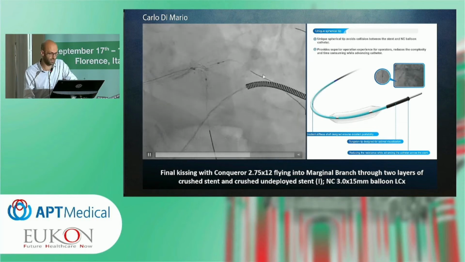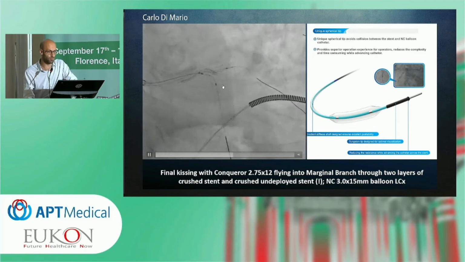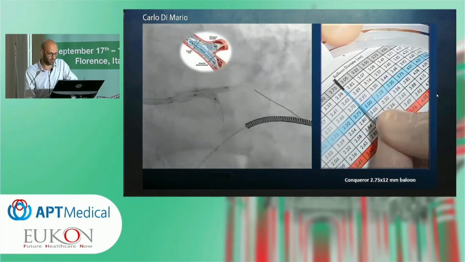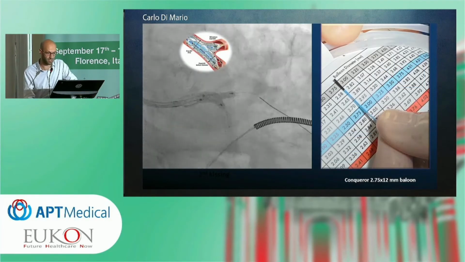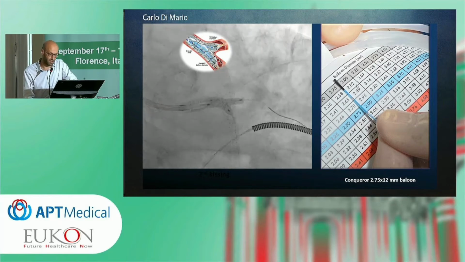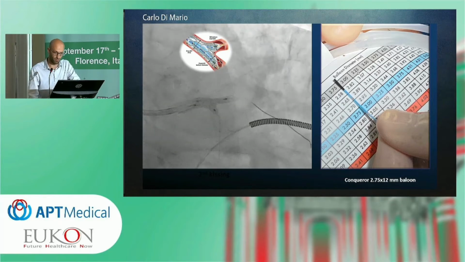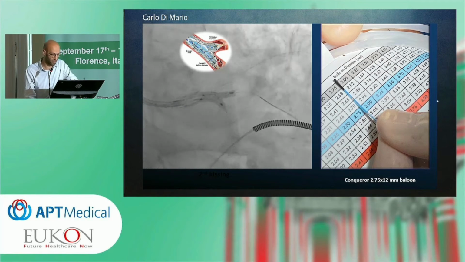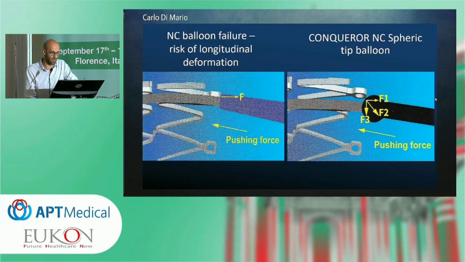And we can say that, at least in this case, it was able to cross the stents effectively, the multiple layers, and to perform this final kissing. It was inflated to 30 millimeters at 18 atmospheres, with quite good results.